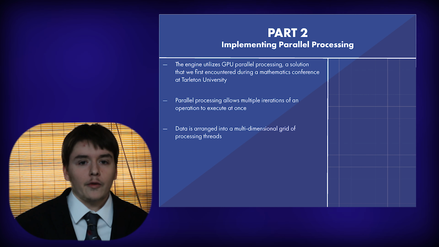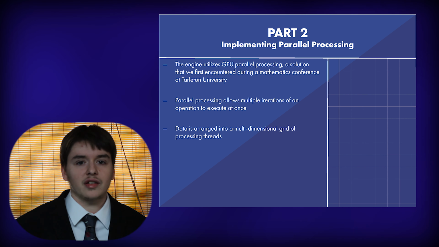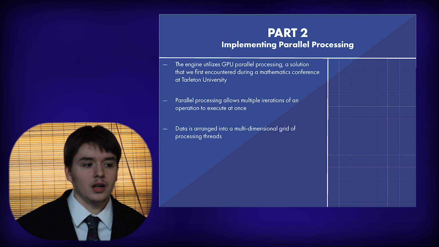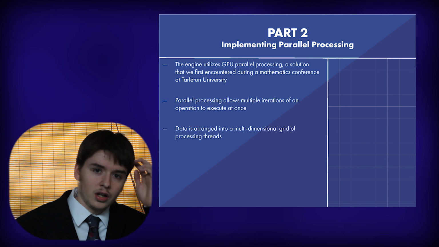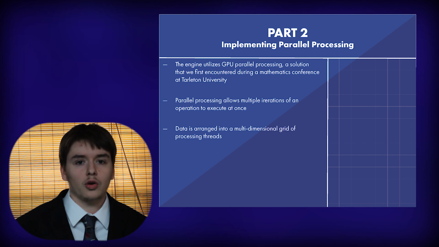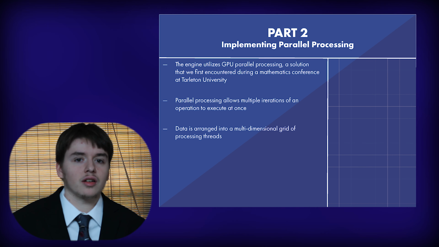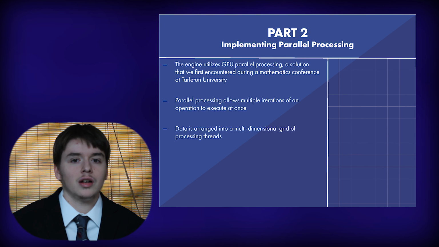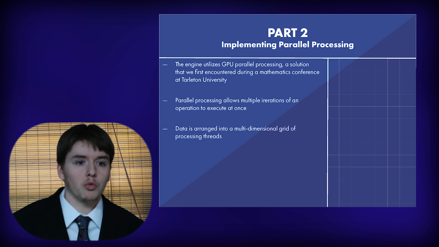Now, the reason we went with the RTX Titan is because it utilizes something called parallel processing. Parallel processing is a solution that we first encountered at a mathematics conference at Tarleton State University in Texas. The advantage of using the Titan for parallel processing is that we can allow multiple iterations of an operation to execute at once.